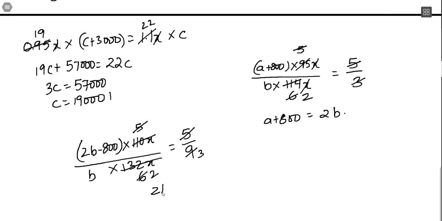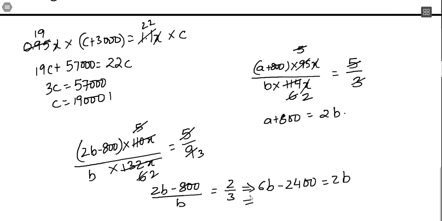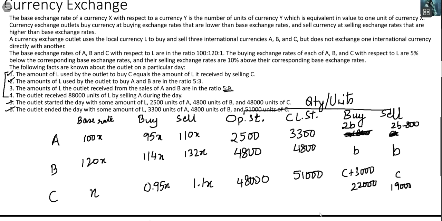So I have 2b minus 800 by b is equal to 2 by 3, or 6b minus 2400 is equal to 2b, or 4b is equal to 2400, or b is equal to 600. Okay, I now know the value of b.